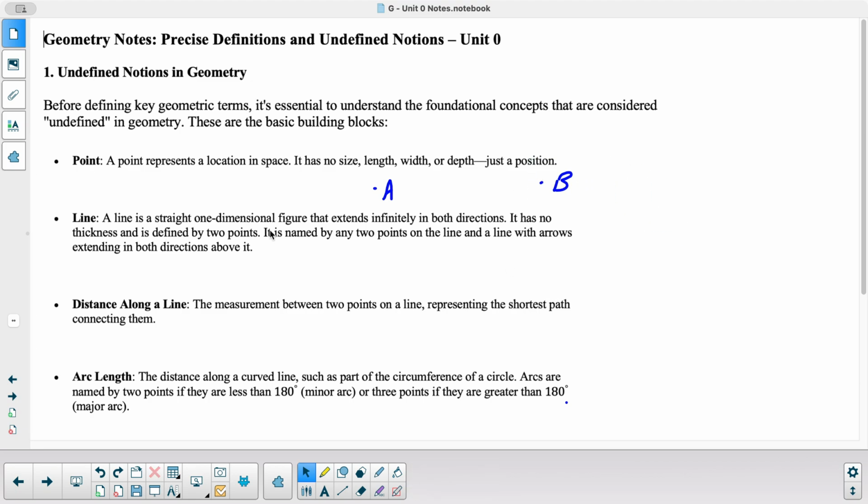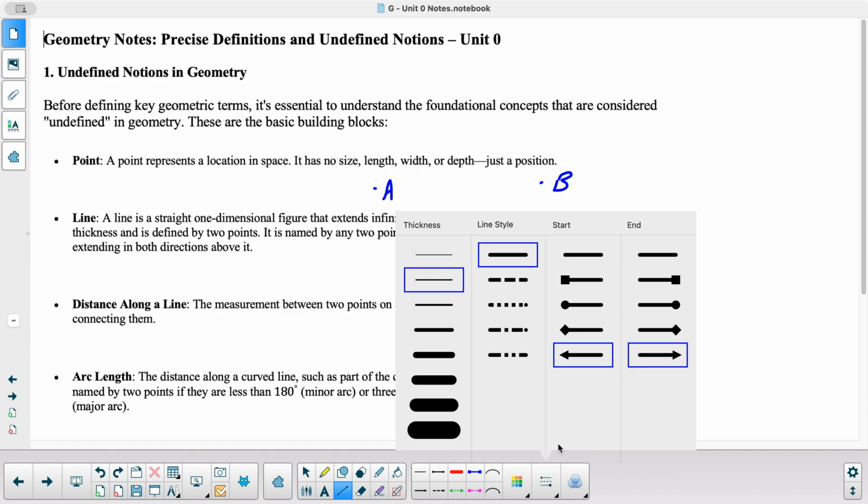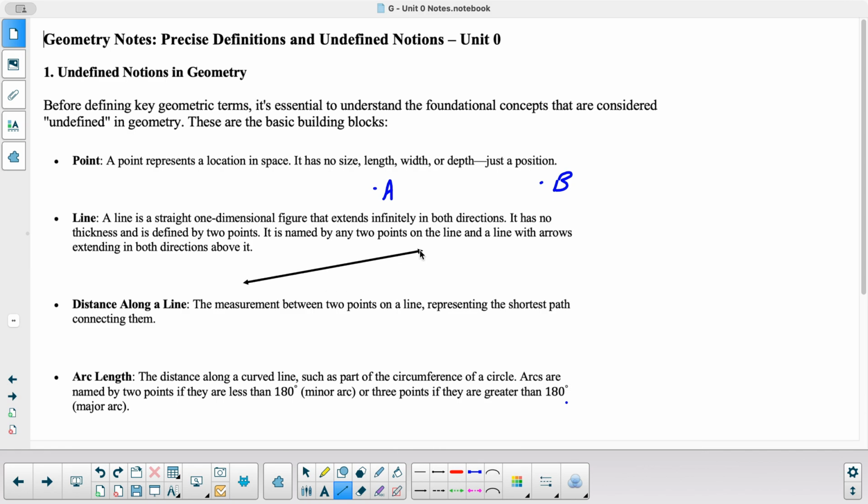Now, a line is a straight one-dimensional figure that extends infinitely in both directions, has no thickness, and is defined by 2 points. It is named by any 2 points on the line, and a line with arrows extending in both directions above it. So a line will look like this. It might be slanted, it might be horizontal, whatever.